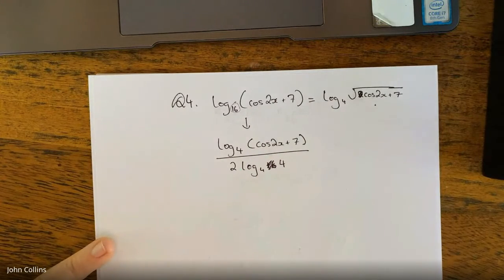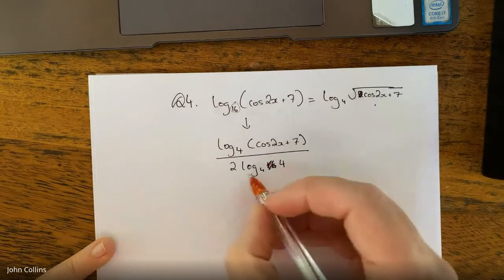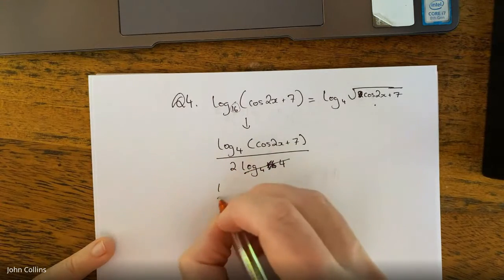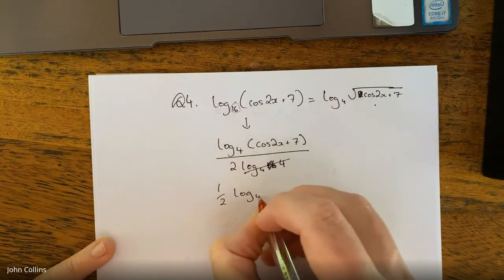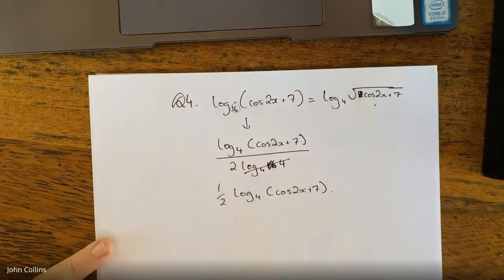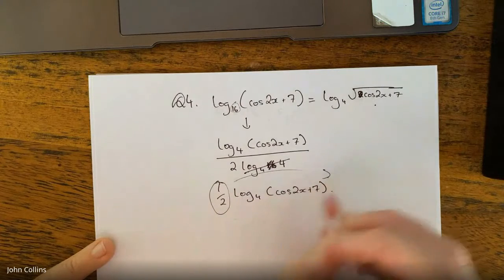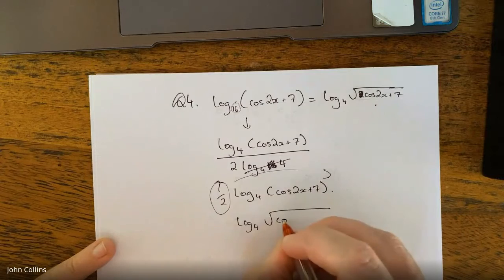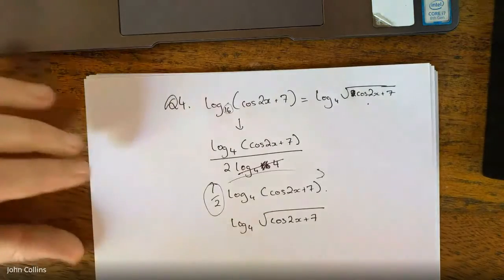And then that's going to be 1. So that's a half. A half log 4 to the cos 2x plus 7. And of course, a half, that's the power here. So that's going to be my square root, which is great. It's going to be the square root of cos 2x. Yes. And that's that done for part A.